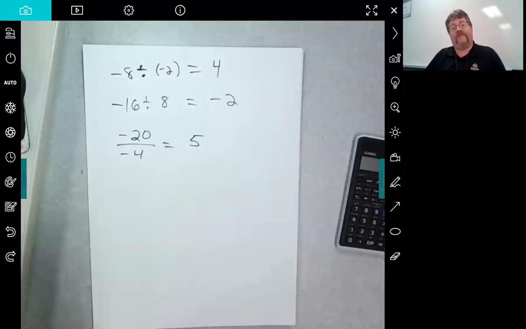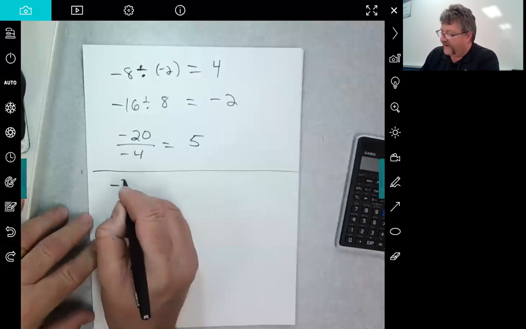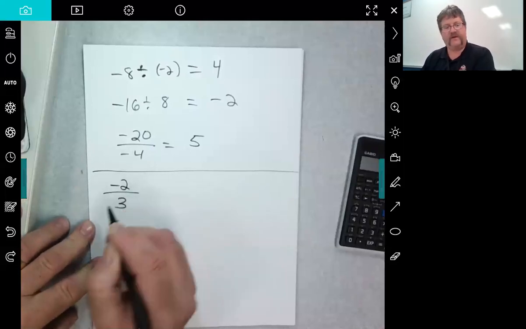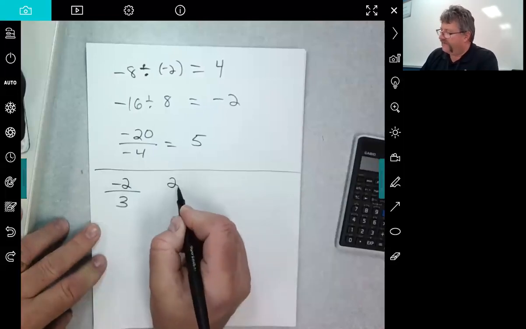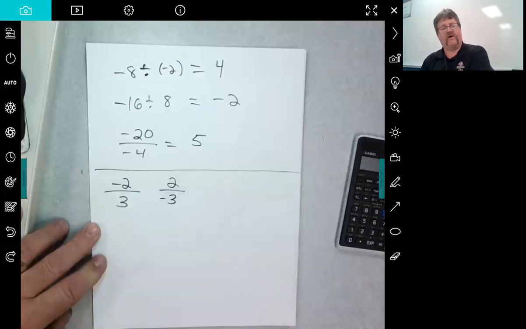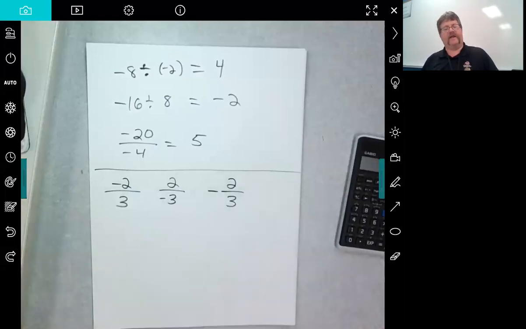Let's just say I'm going to have the fraction -2/3, right? I can put the negative up here with the 2, and I can call it -2/3. I could put the negative down with the 3, and I would still call that -2/3. Or I can put the negative in front of the fraction bar, and I can call that -2/3.